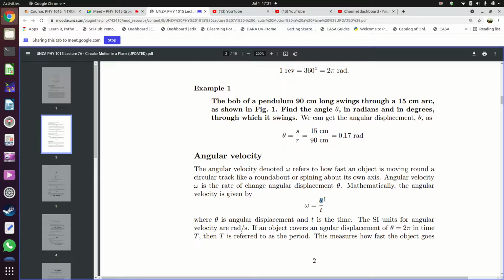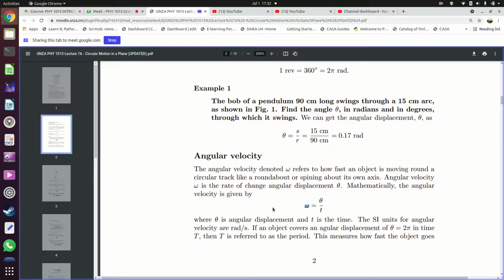Okay, so if an object is moving in a circular path, then it covers a certain amount of angular displacement. Then you divide that angular displacement by how much time it takes something to move around the circular path, and what you end up having is a physical quantity called angular velocity.